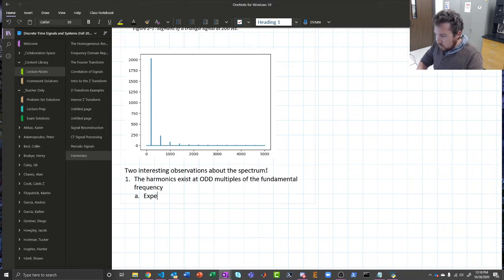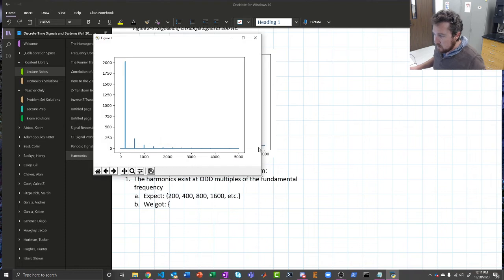Since our fundamental frequency is 200, we would expect 200, 400, 800, 1600, and so on and so forth, right? That's the basic structure that we would expect, but we got this instead.